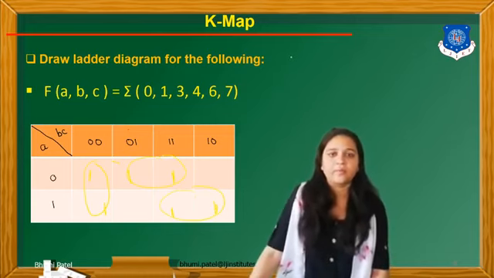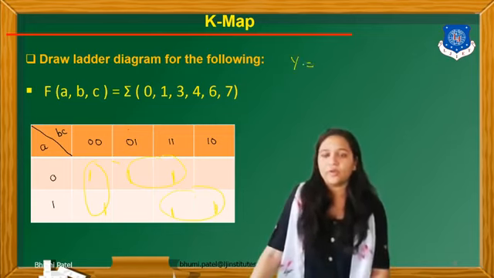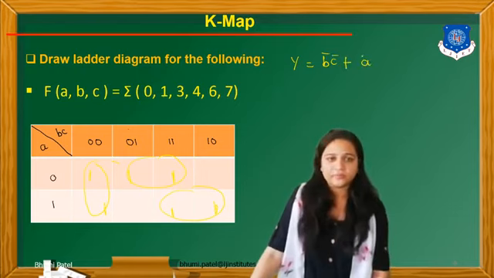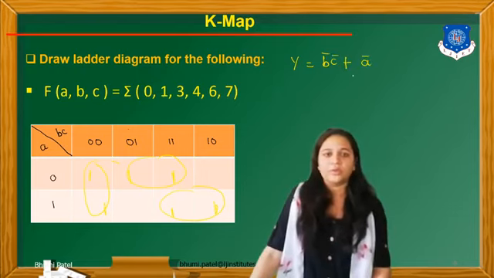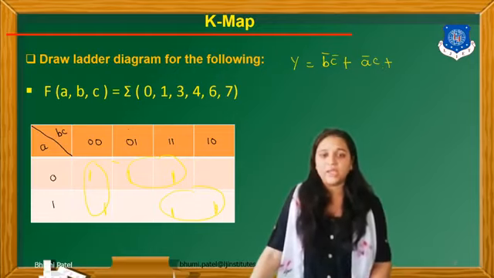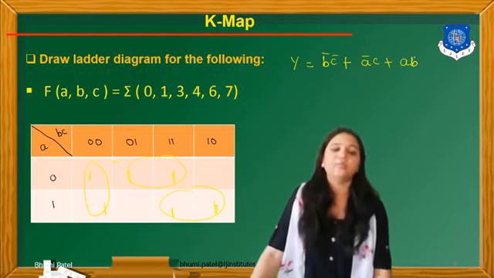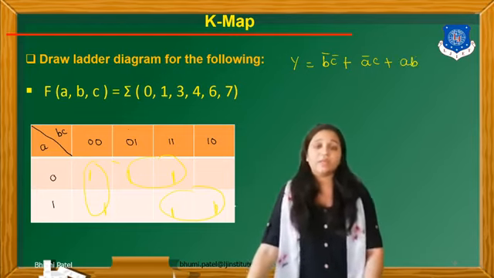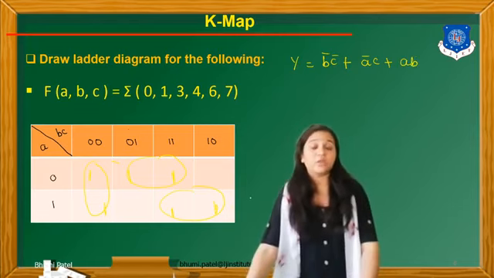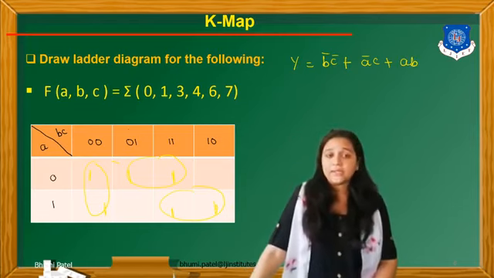Y is equal to, for this 1, 1 we can write B bar C bar, plus for this 2, 1 we can write A bar into C, because here the 1 is common and 1 for the C, and here for this 2, 1 we write A as it is and the B common term. So this is the equation for the K-map that you have to study in the digital logic design subject.